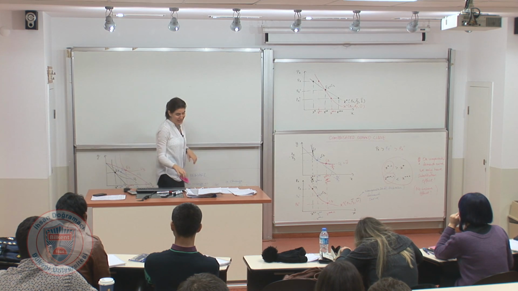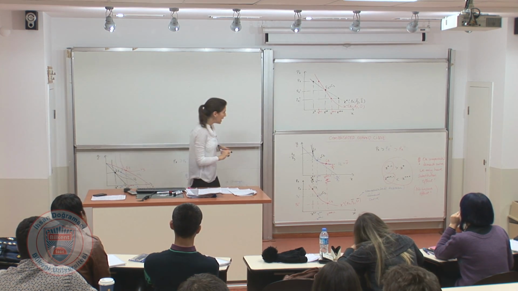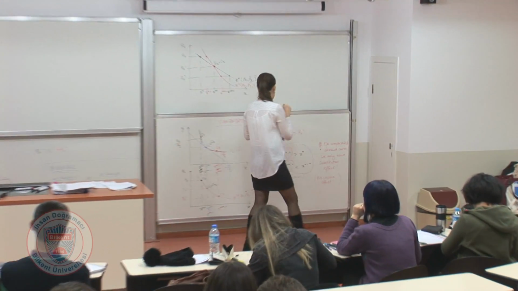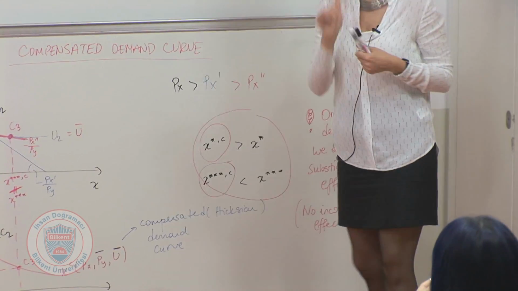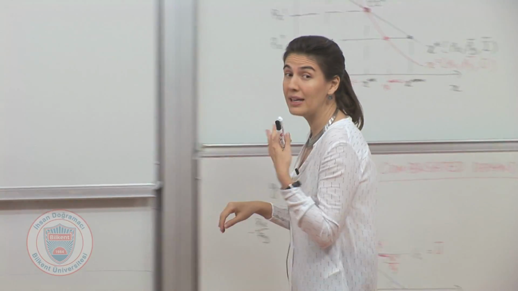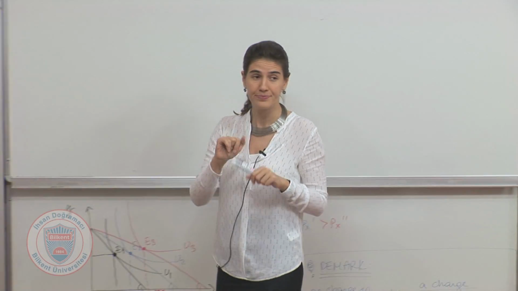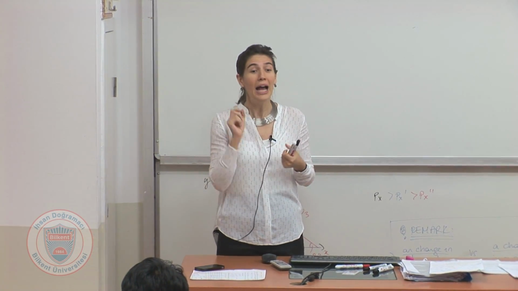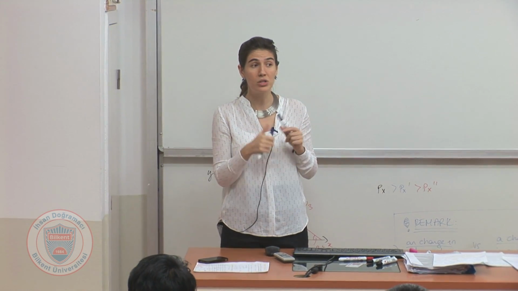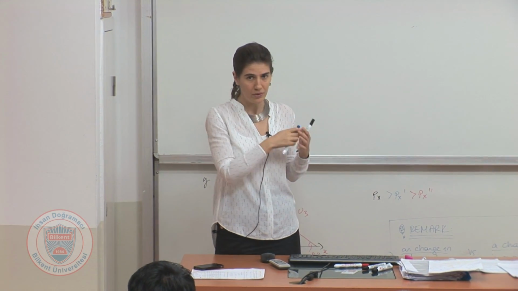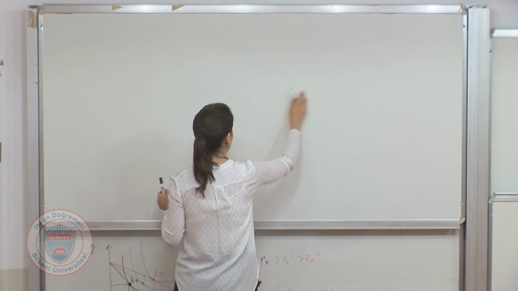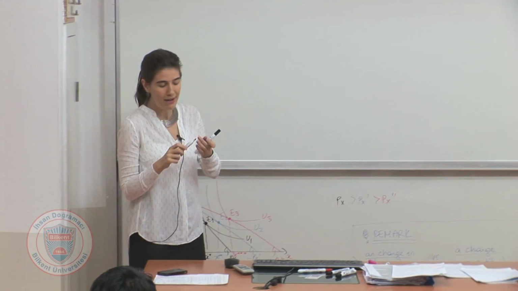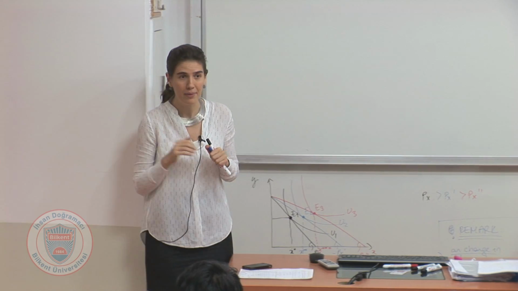There is actually an easy way to get this compensated or Hicksian demand curve, which is this. If I give you the expenditure function, you can take the derivative of the expenditure function, and that derivative will be the Hicksian demand, okay? Let me write this down, and there is a special name for this. It's called Shepard's lemma, okay?